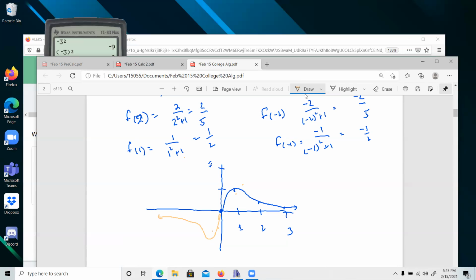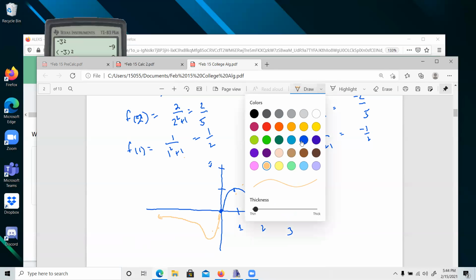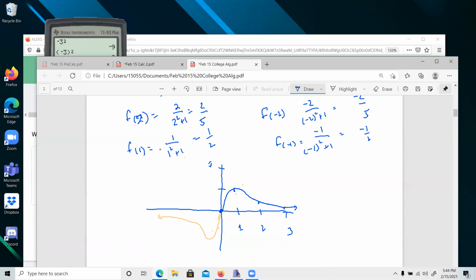But let's just double check. Okay, so we have 1, 2, 3. So x is 0 is 0. X is right here. Okay, and then I didn't really sketch this out right. Hold on, let me erase this little tick here.